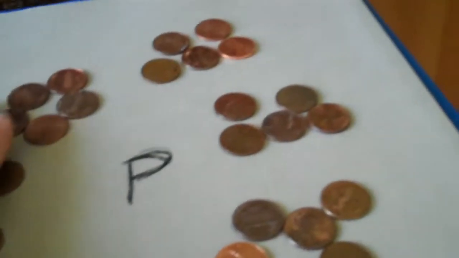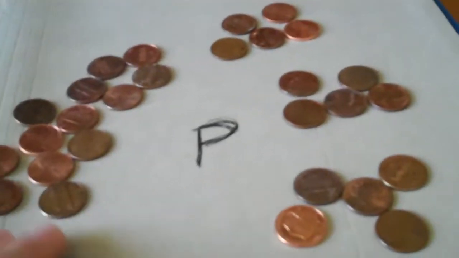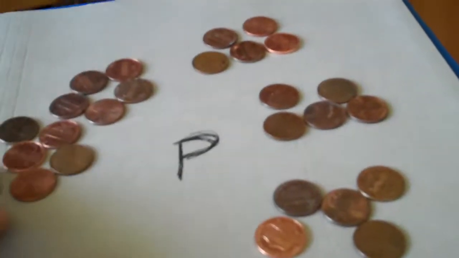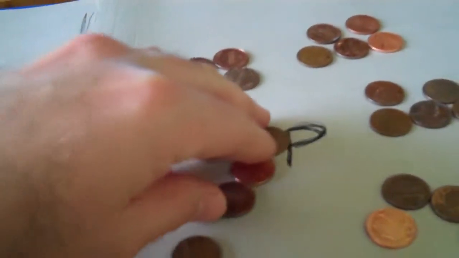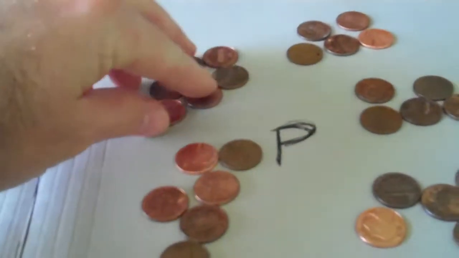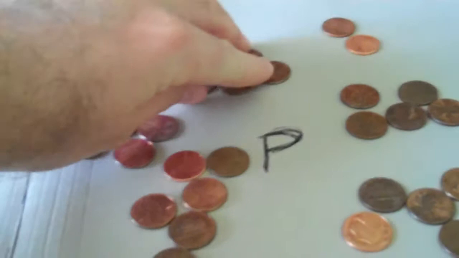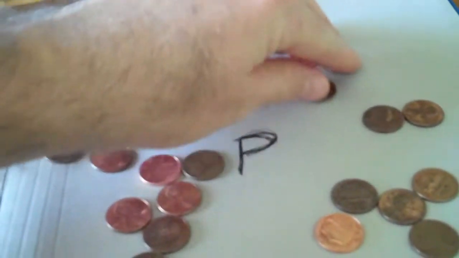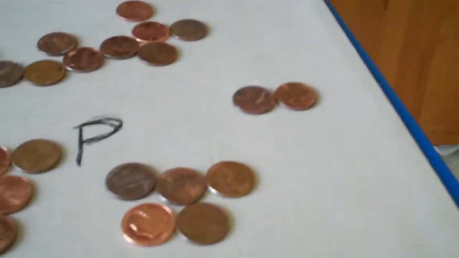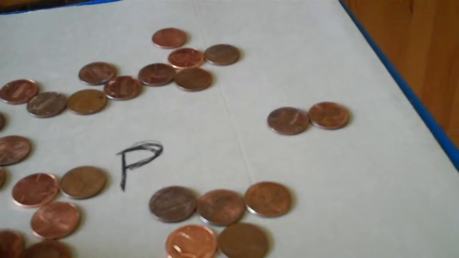Then we're going to count them up and then divide by 4 again. 1, 2, 3, 4, 5, 10, 15, 20, 25, 30, 32. 32 is 8, so we're going to take 8 back.